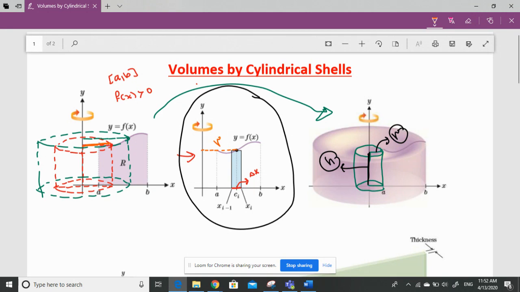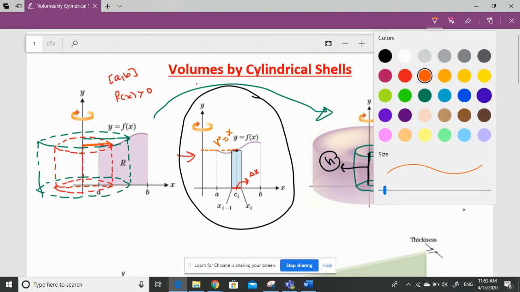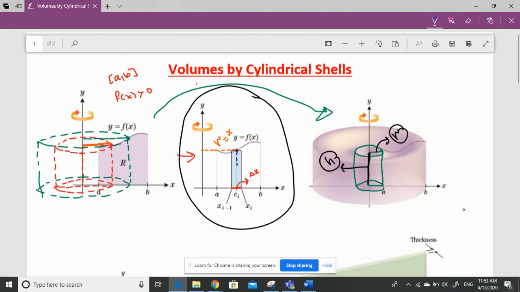Now, what's the value of r? The value of r is the same value as x, so I can write r equals x. What about h? H is this distance. This distance is the value of f of x, because here you have a point x that gives you the value of f of x, which makes the height of this cylinder.